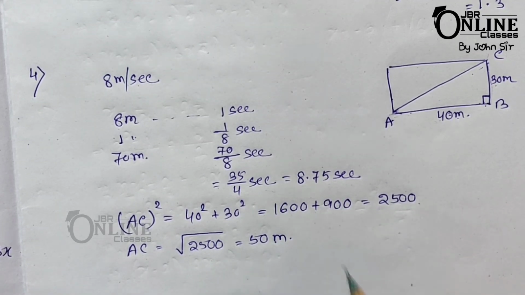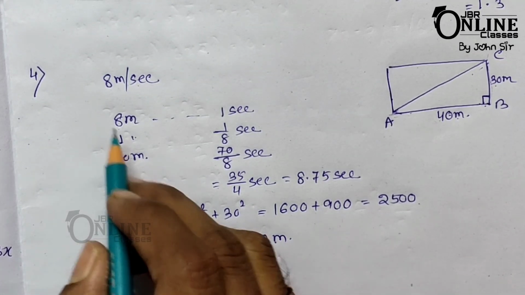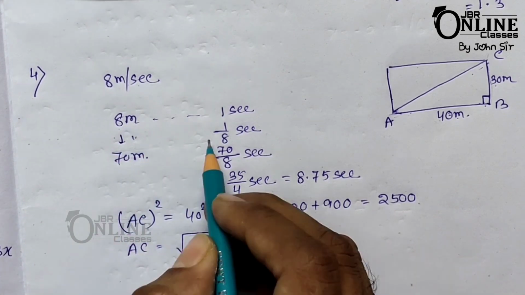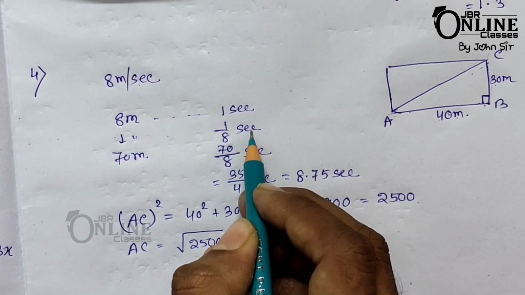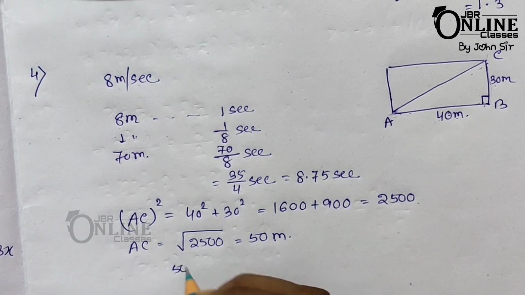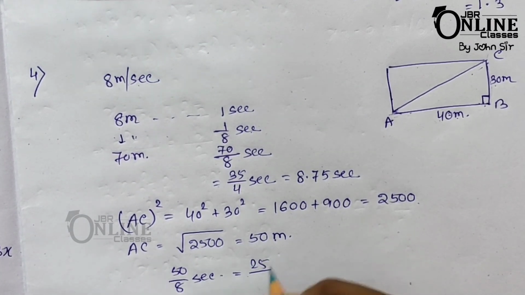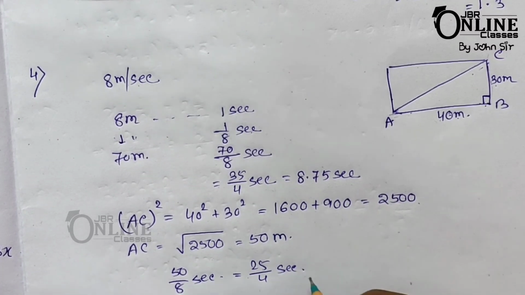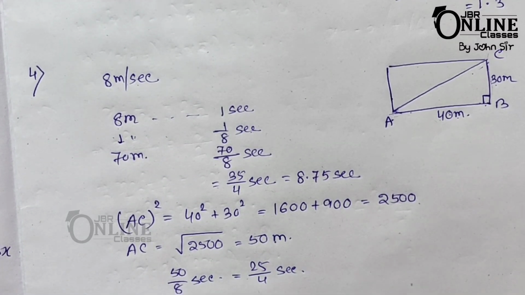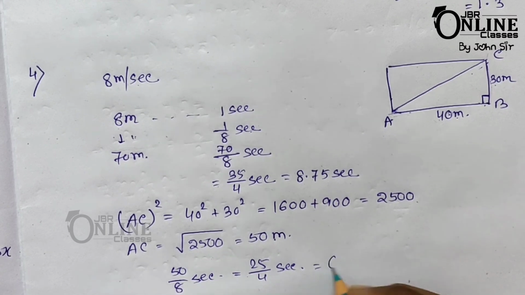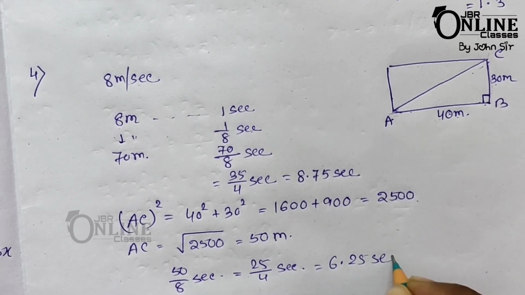Now to cover 50 meter, as 1 meter takes 1 by 8 second, then 50 meter takes 50 by 8 second. So 50 by 8 second means 25 by 4 second, that means 6.25 second.